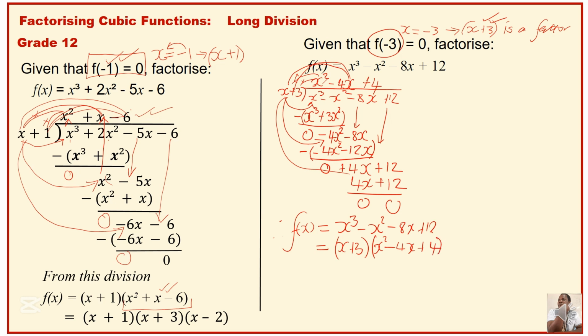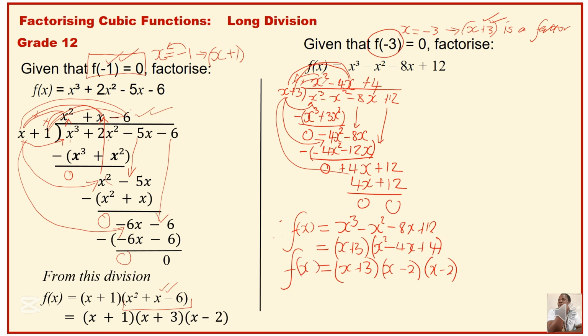Now then, to complete my answer, I must factorize this quadratic part of my expression. So this one can be factorized into x minus 2, factor of another x minus 2. Then this is my f of x in factorized form.